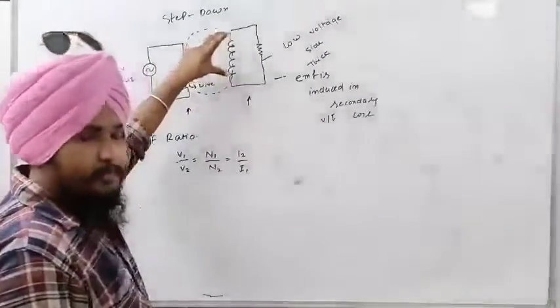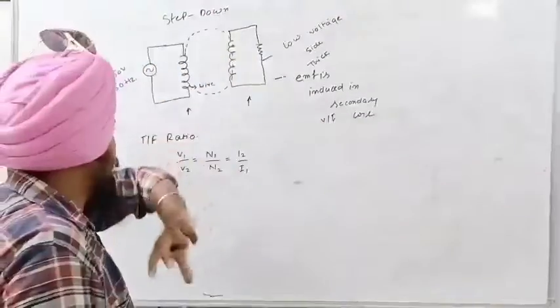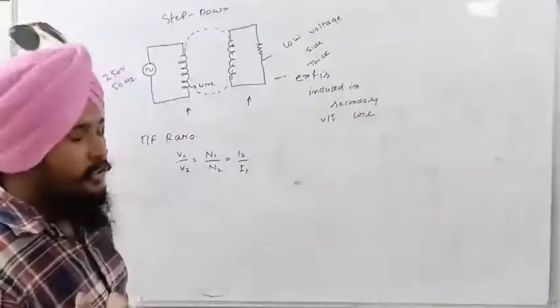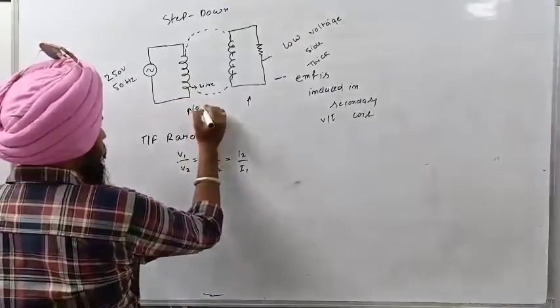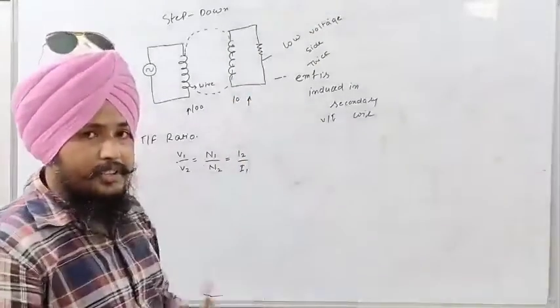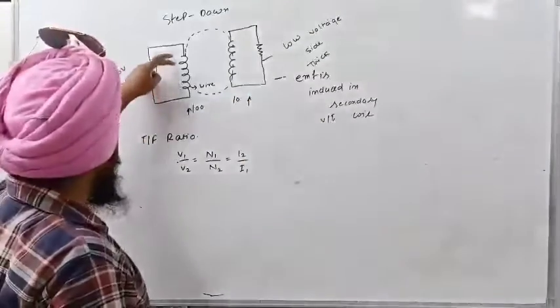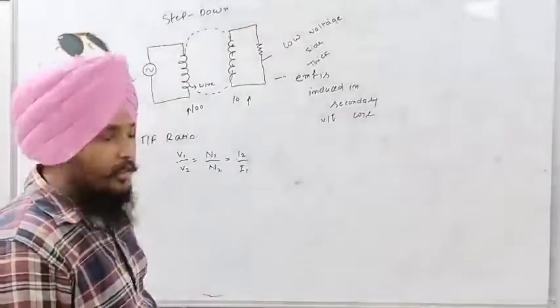Voltage is small and number of turns are less in the case of a step down transformer. Or simply we can assume a ratio of 110 turns, there are 100 turns, there are 10 turns.